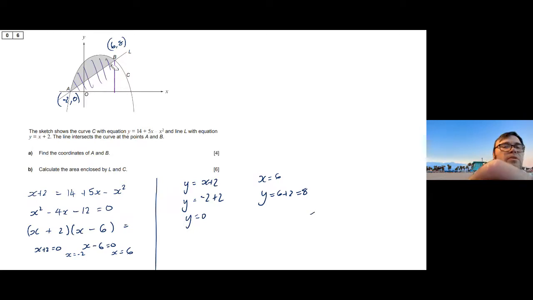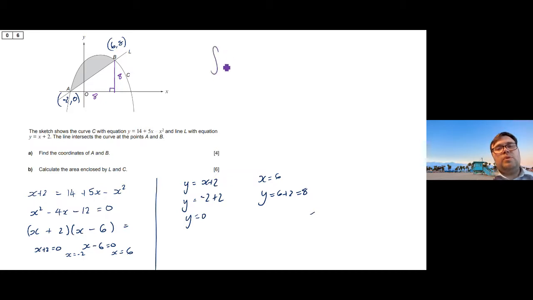We don't really want to work out the whole thing, but we can create a shape which is a right angle triangle. We know that B is going to be 8 in height, and from A to that line is going to be 8 as well. So we could integrate between A and B, and then take away the area of the triangle.